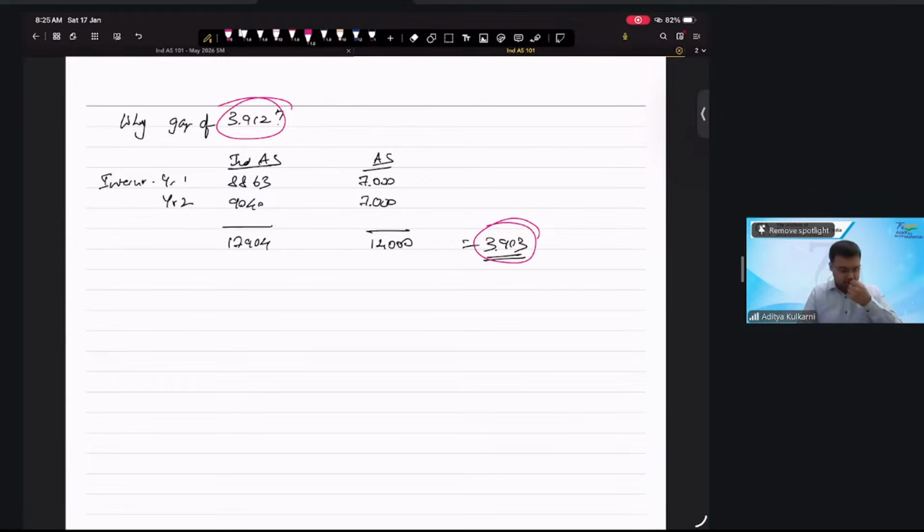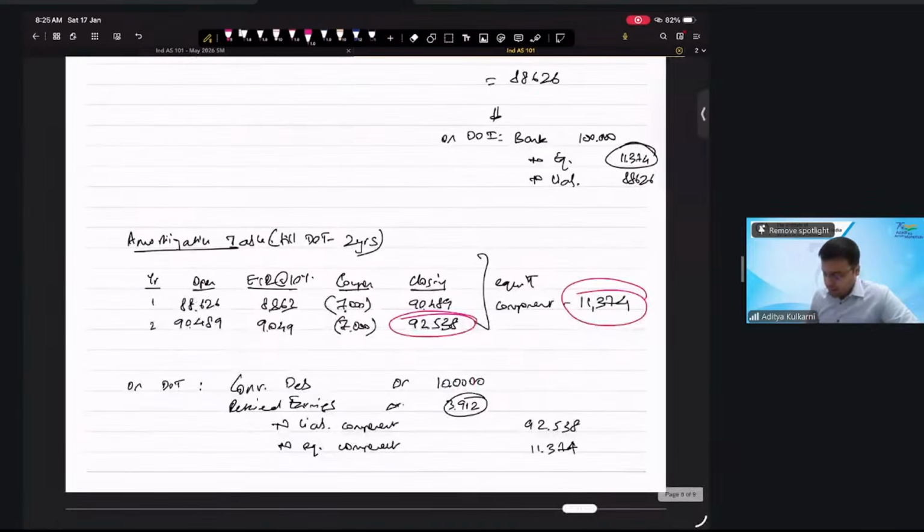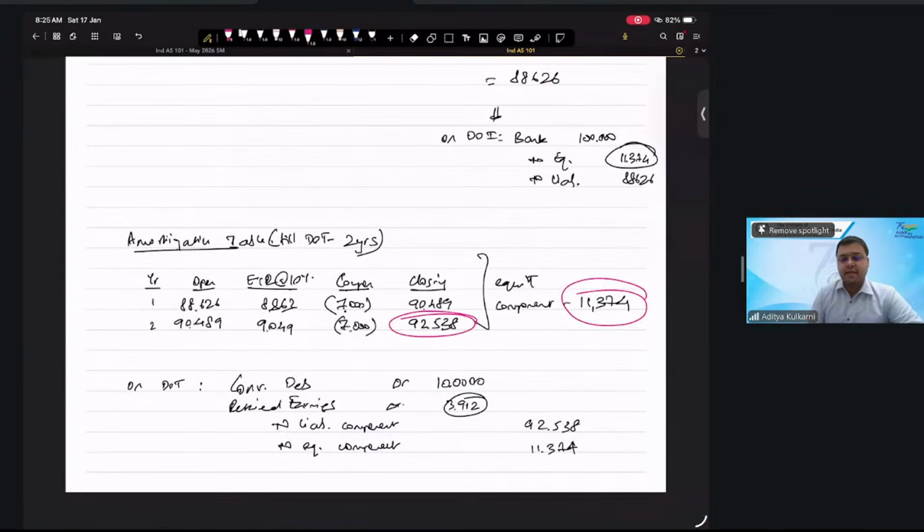So what's basically this 3,912? This is additional interest cost in Ind AS. Yes or no? Yes. This is the additional interest cost that is coming in Ind AS, which is the reason why, as you mentioned, take this to retained earnings.